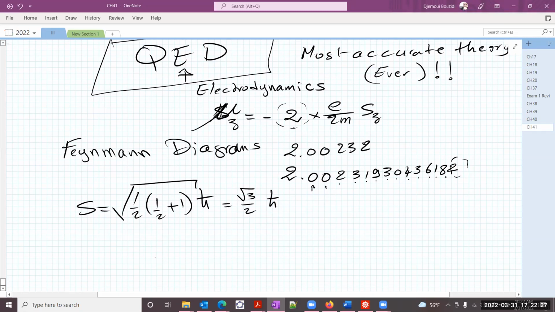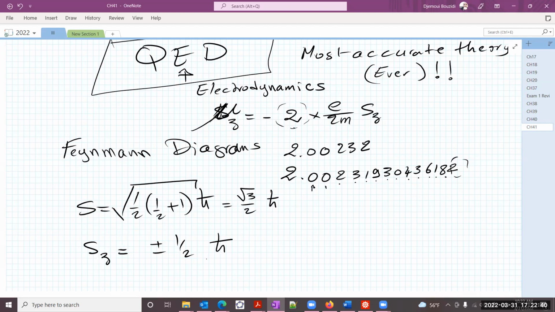So Sz can be either positive or negative 1/2 of h bar. Okay. It cannot be anywhere in between them. It cannot be any other value. So those are the only two possible values. It cannot, again, have Sx and Sy for the same reasons. I cannot have Lx and Ly if I know what Lz is and what Sz is. Okay. So this is the same thing that we were talking about earlier.